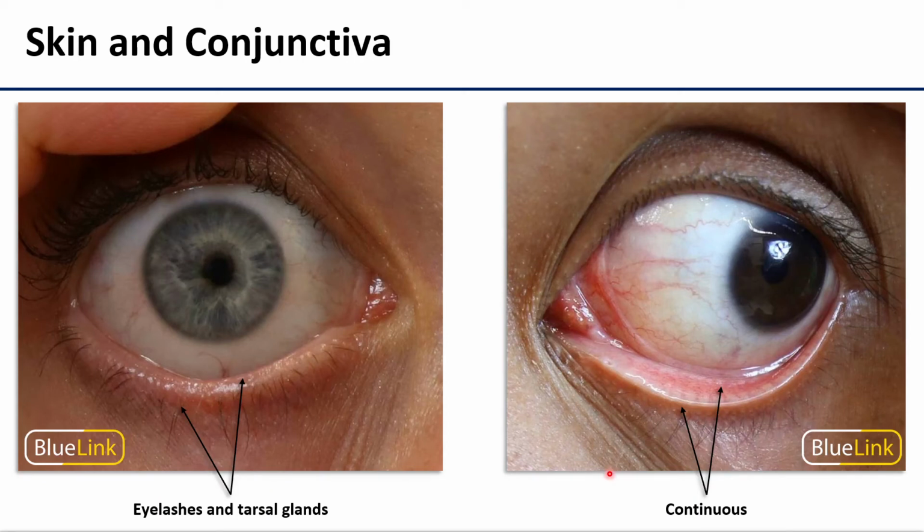And the conjunctiva is a clear membrane that covers the inner surface of the eyelids and the anterior whites of the eyes. It is right around this transition that we find the eyelashes and a number of tarsal glands, which are going to produce an oily secretion that helps prevent the eyes from drying out.